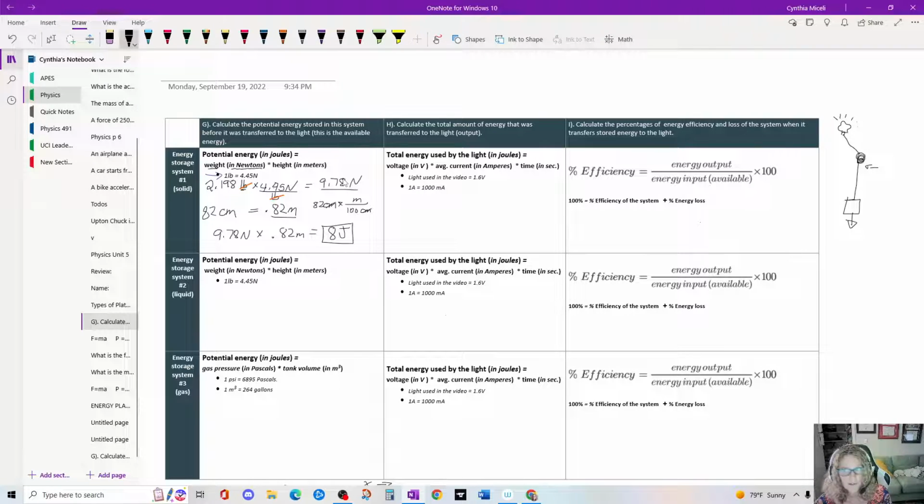Now this is all of the energy that could be from this weight going down. This next part is the amount of energy that actually went to the light. So in the video, again, we were told that the light bulb is a 1.6 volt light, and the current on the little meter in the video was 5 milliamps.